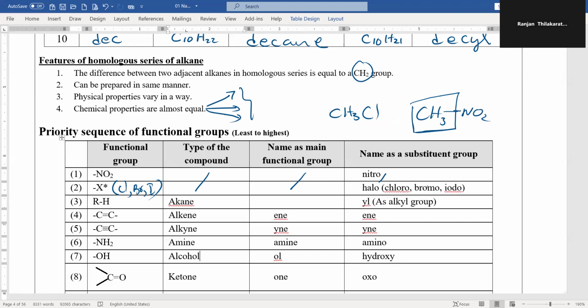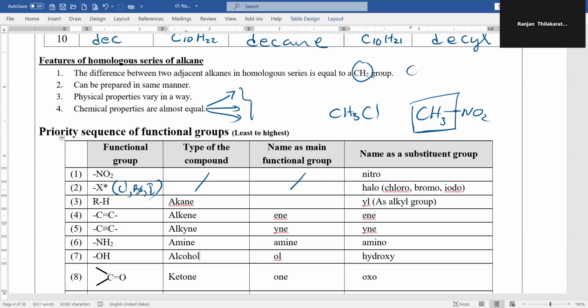When chlorine is attached, that is called chloro, bromine, bromo, iodine, iodo. So halide containing compounds are known as halo compounds. In the halo compounds, having one carbon, if it contains chlorine, then it is chloro, bromine, bromo.